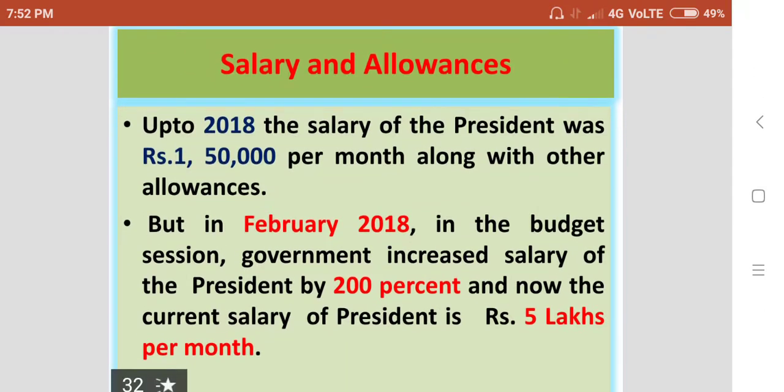Salary and allowances. Up to 2018, the salary of the President was rupees 1,50,000 per month, along with other allowances. But in February 2018, in the budget session, the government increased the salary of the President by 200%, and now the current salary of the President is 5 lakhs per month.